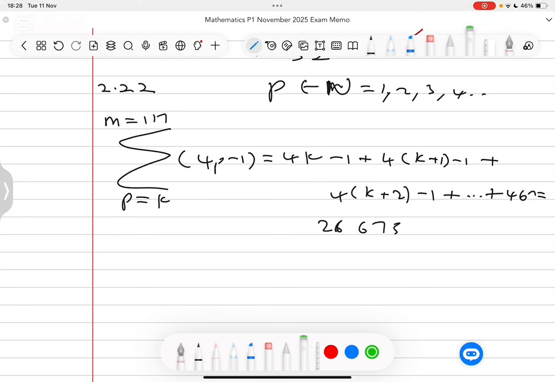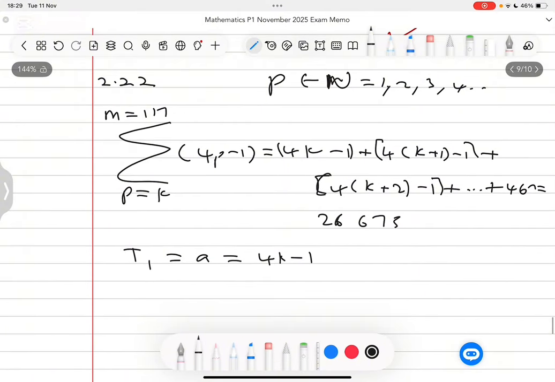Now, after doing this, we can see that term 1 is a and is given by 4k minus 1. Sometimes you can even put brackets here if you want to isolate these terms so that they're easy to identify. So that is the first term there. And there's something very interesting that you also have to check here. We have the last term. This term here is the last term.